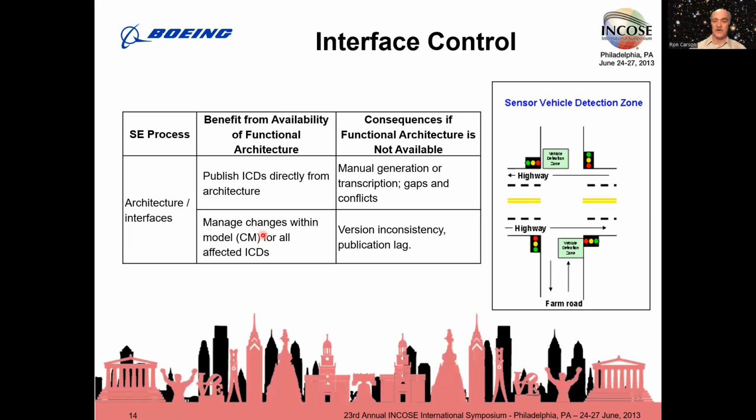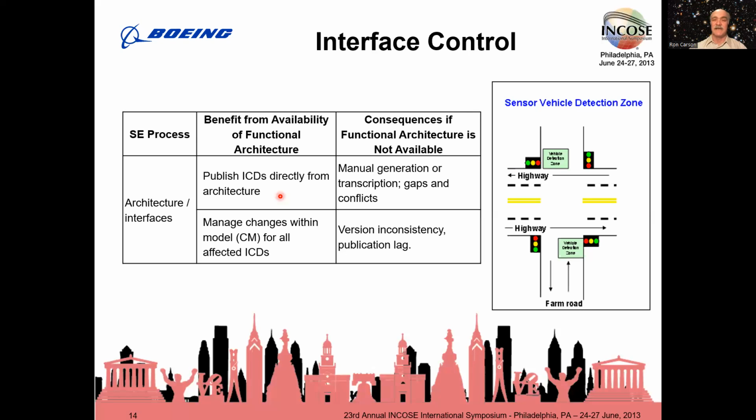Interface control, one benefit of having a good functional architecture, and one thing that we demonstrated in our work at the Boeing company was being able to publish interface control documents directly from the architecture. Rather than manual generation and transcription where you're copying engineering data from one place to another, simply use the functional architecture to directly publish the interface control documentation.